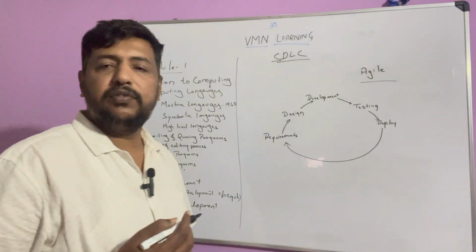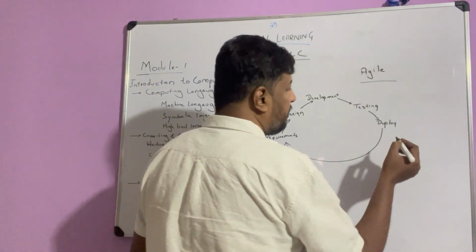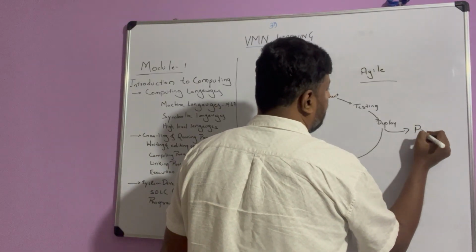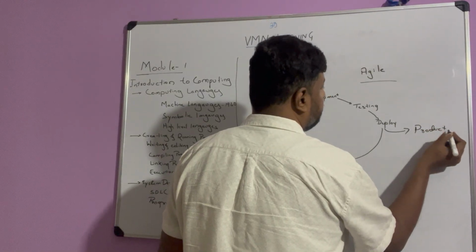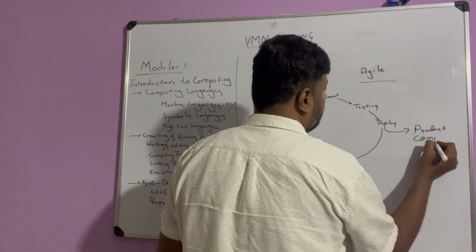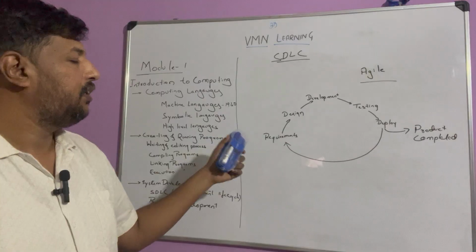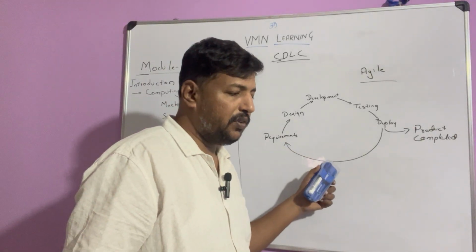Once everything is done, we say the product is completed. At the end, if there are no more iterations, the product is completed. So this is the agile model.